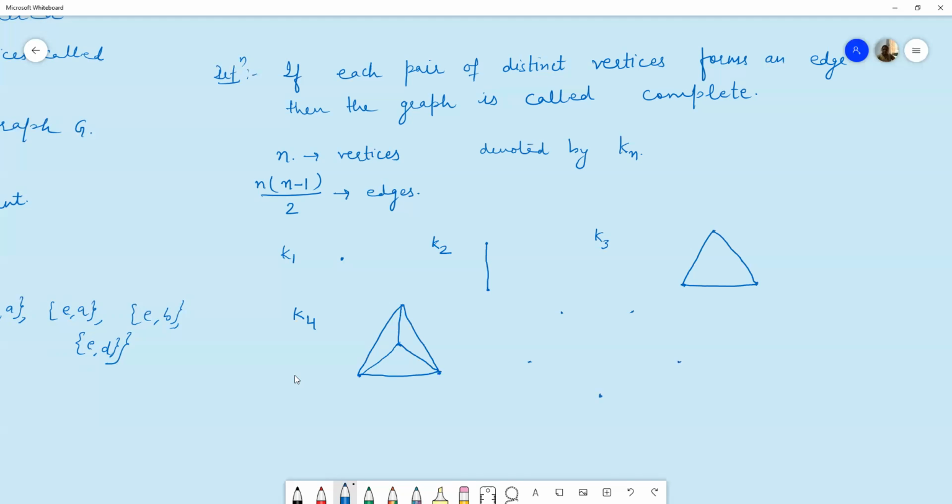Let us say these are 5 vertices. Then the complete graph of 5 vertices will be of this type. So this is K5, the complete graph of order 5.